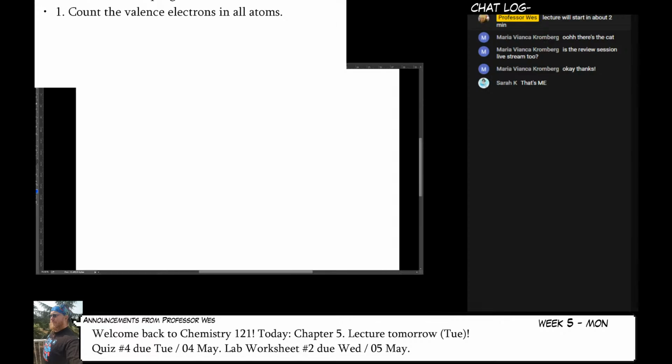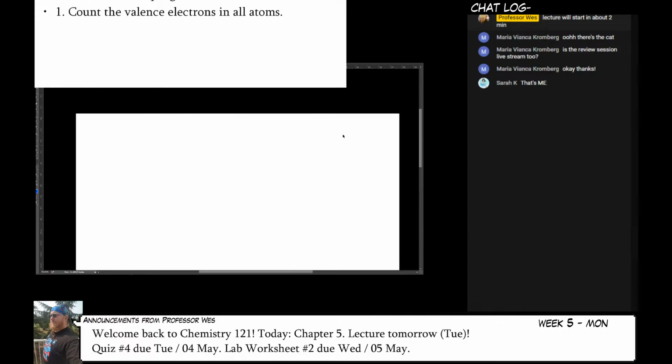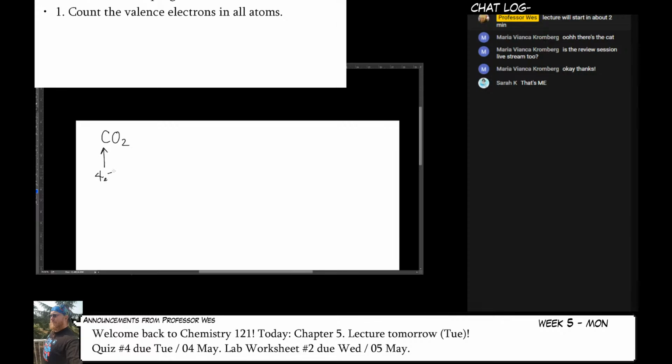All right, so let's try CO2 first. So the first thing we want to do is count the number of electrons in CO2. If I was just drawing carbon by itself, I would have 4 valence electrons. So I'm going to write that.